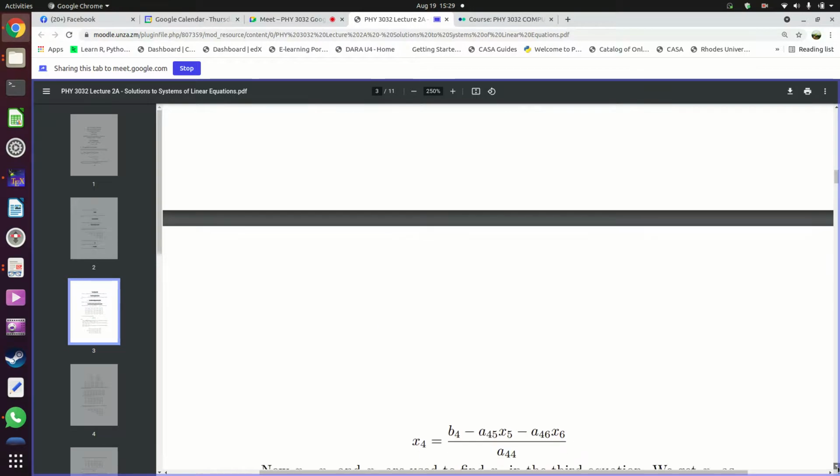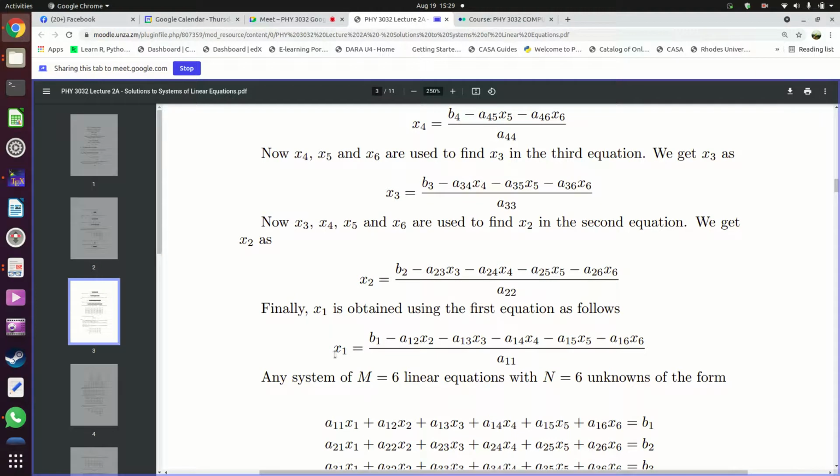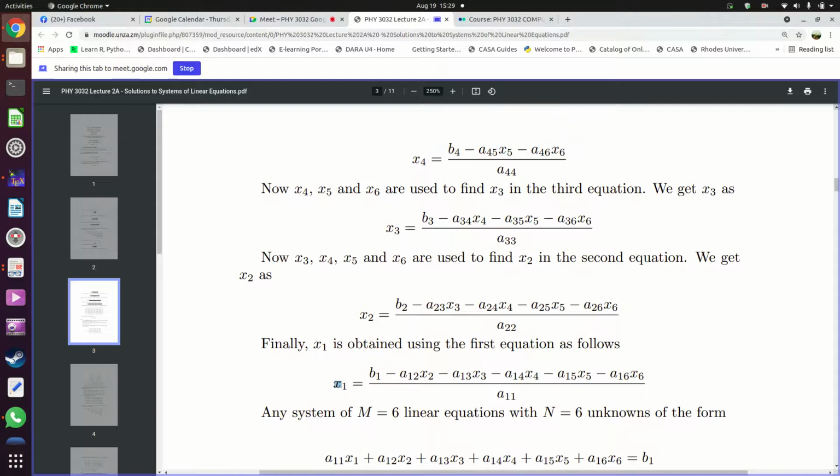So when you do that, you end up having this: x1 is equal to b1 minus a12 x2 minus a13 x3 minus a14 x4 minus a15 x5 minus a16 x6 divided by a11. Are we clear?